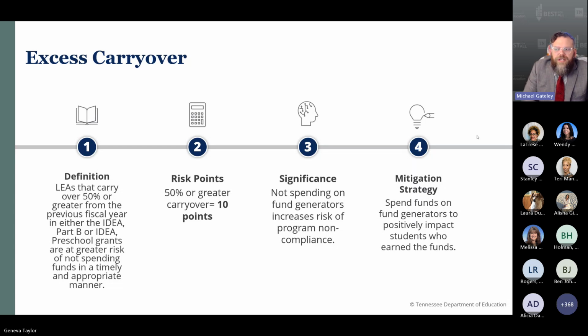Not spending on fund generators increases the risk of program noncompliance. To mitigate this, we need to spend funds on the fund generators to positively impact those students who earned the funds. So again, going back to that plan, making sure that we're following that. We're looking for barriers in spending those funds, whether it's a supply chain issue or that kind of thing, and planning for those things on the front end.